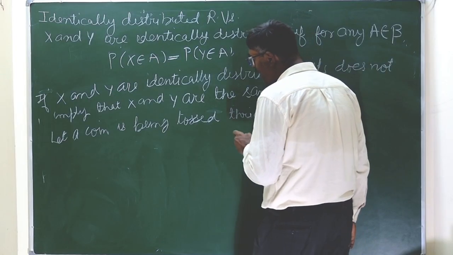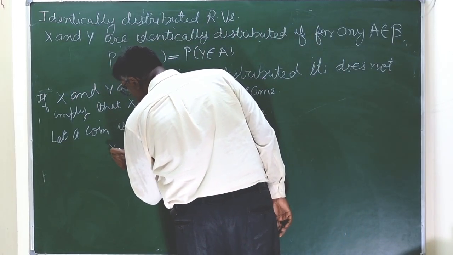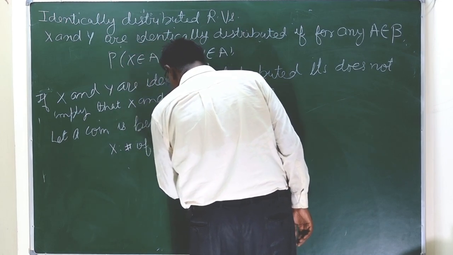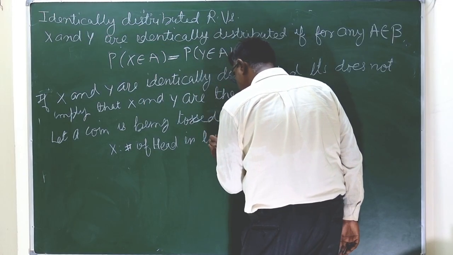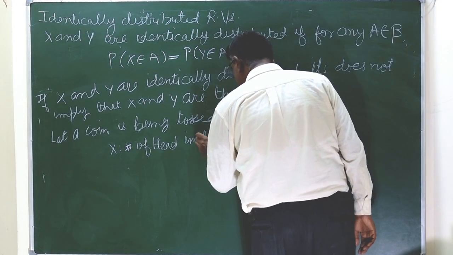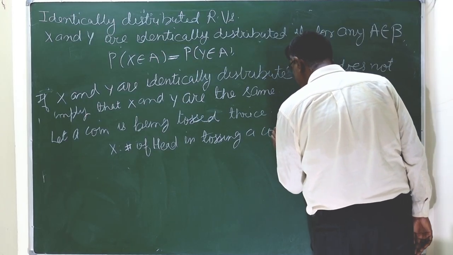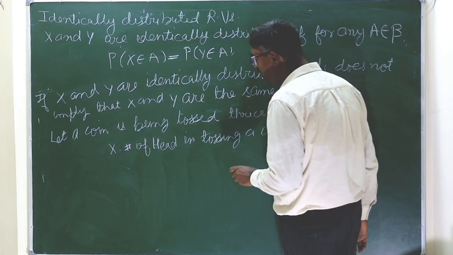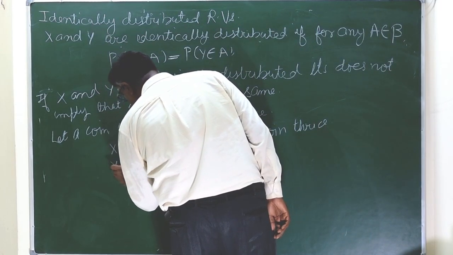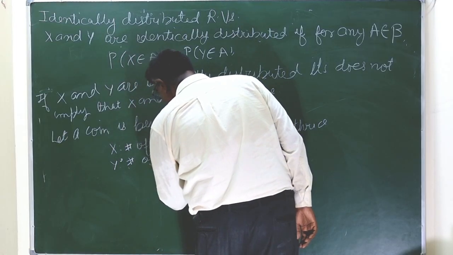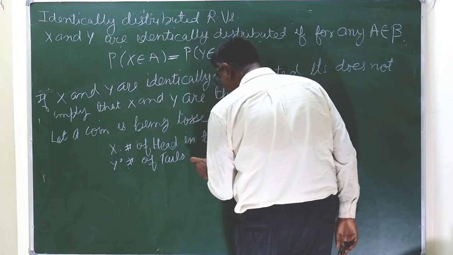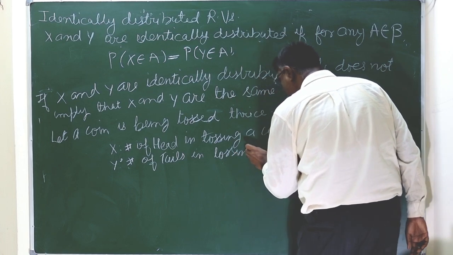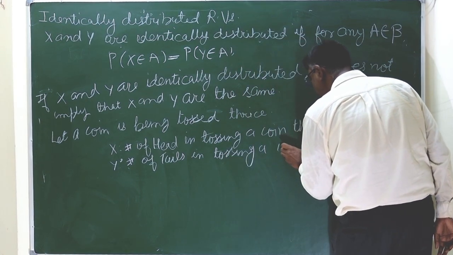Now we define X as the number of heads obtained in tossing a coin thrice, and Y as the number of tails obtained in tossing a coin thrice.